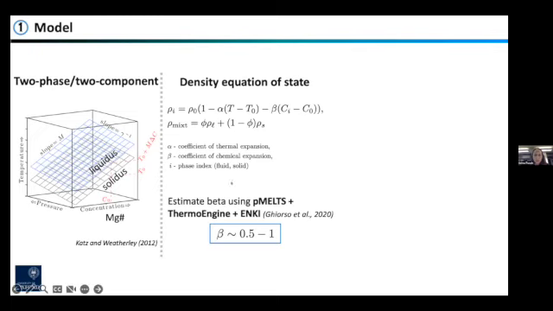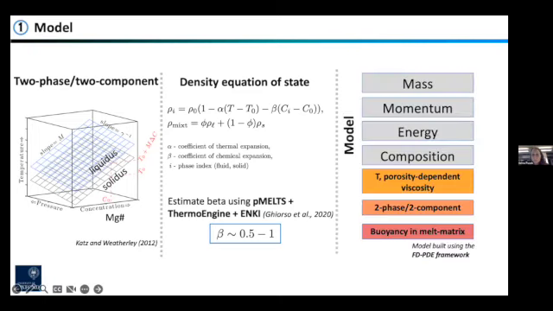So I used pMELTS with Thermoengine to estimate the value of beta for melting of mantle rocks, and I obtained a sort of average value of 0.521. And I'm highlighting this parameter beta, the chemical expansivity, because it's going to be an important control parameter in the models that I'm going to show.